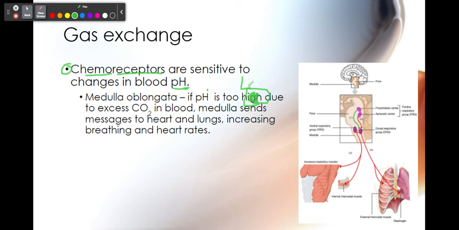Make sure you change that to low. The acidity is too high, but the pH is too low. Because we have too much CO2 in the blood, the medulla is going to send some messages to the SA node in the heart to increase heart rate. We're going to breathe a little bit faster, and that'll get that CO2 out so that our pH will go back up to a less acidic space.